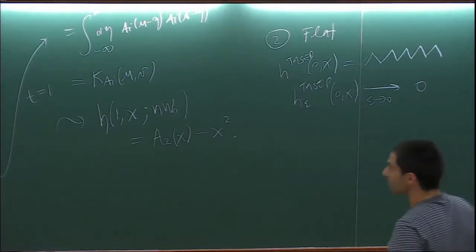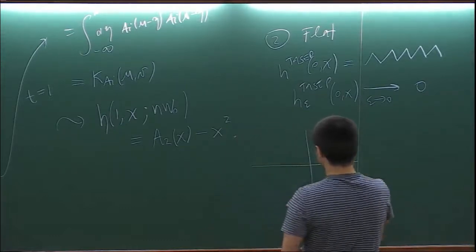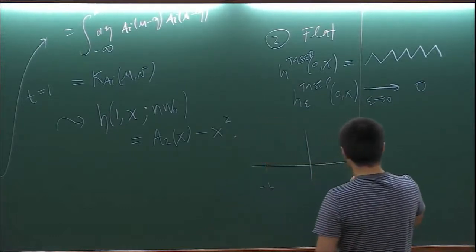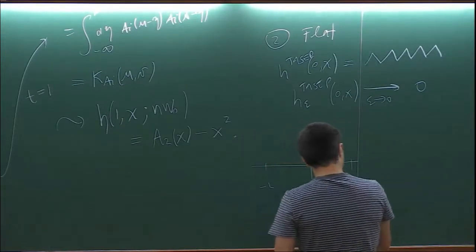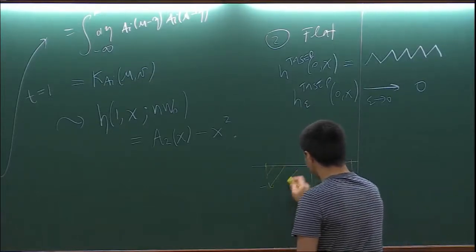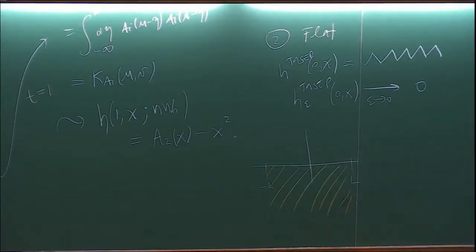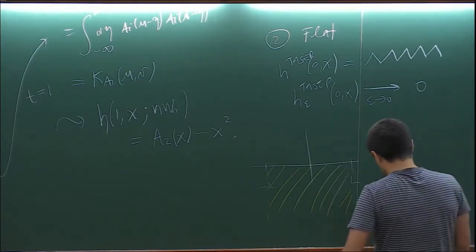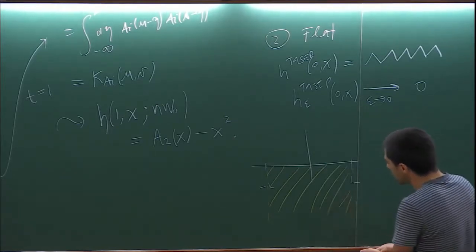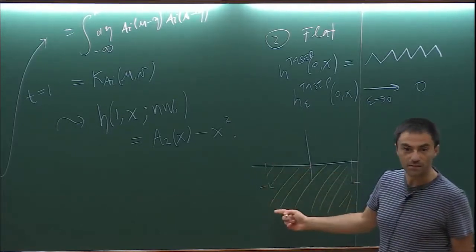So now, when I compute this hit probability, I'm asking what's the probability that I'm going to hit that region. That's the hypograph of 0. Okay? So now, this one is a little bit different because, of course, if I start below 0, I already hit.